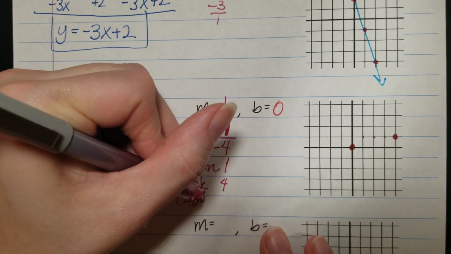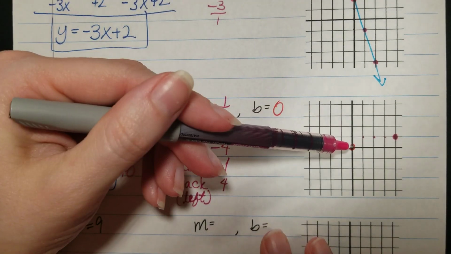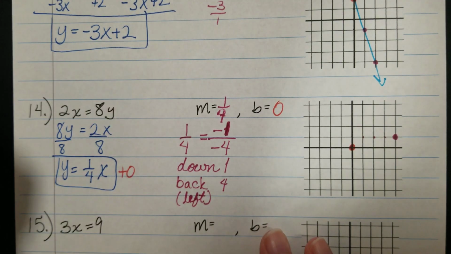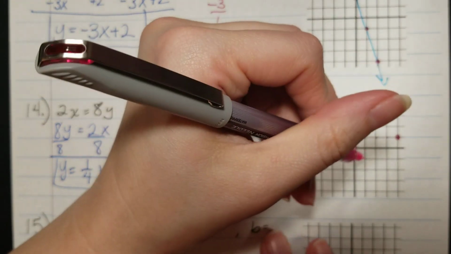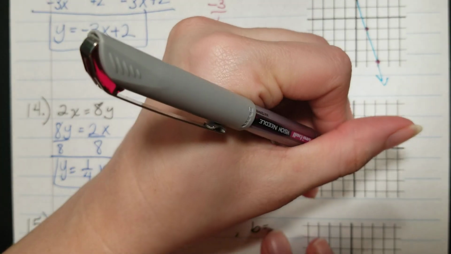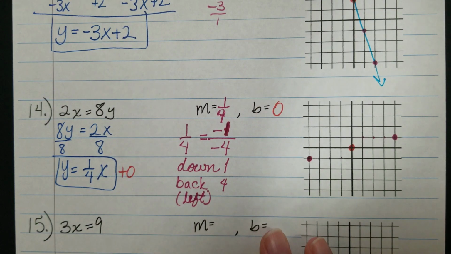So sometimes that comes in handy if you just don't have enough room to go in one direction, you can go the other direction. Or, I mean, I just like to have another point if I can, so there we go.